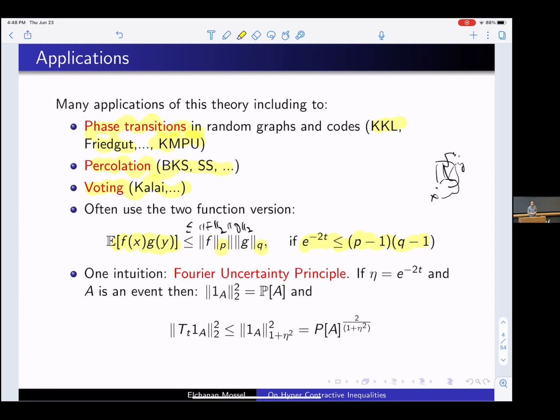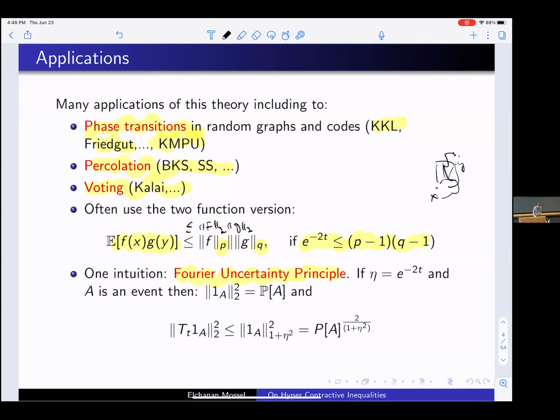Maybe another intuition that's good for the discrete cube: you all know the Fourier uncertainty principle, maybe in R^n, or with respect to the Gaussian measure. But when you have hypercontractivity, you have a Fourier uncertainty principle with respect to other groups. So I'll show you in this group, right? One particular way where this is used a lot is for sets.